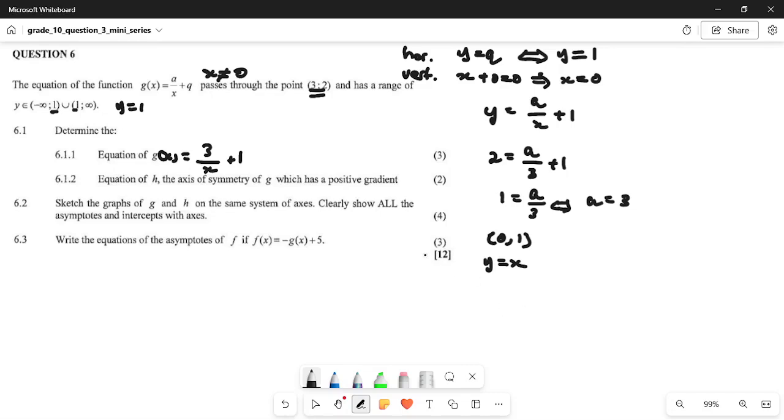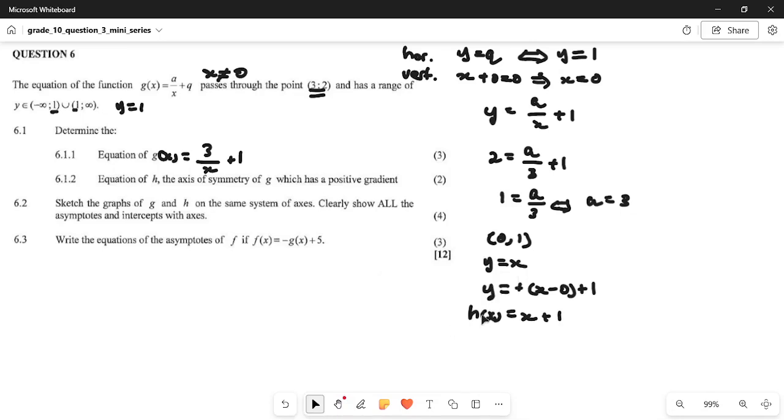However, for this function it has been shifted, so this new axis of symmetry is defined by my positive gradient, x minus 0, then plus 1. Therefore h of x is defined by x plus 1. So that is the axis of symmetry with a positive gradient.